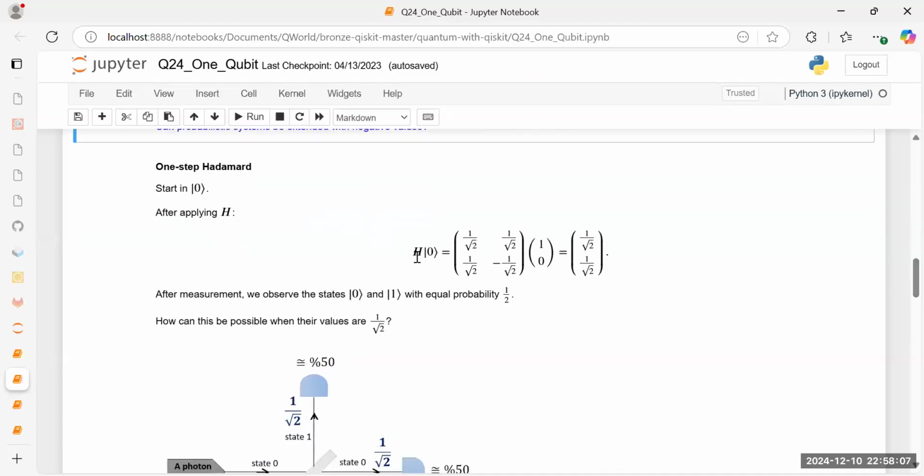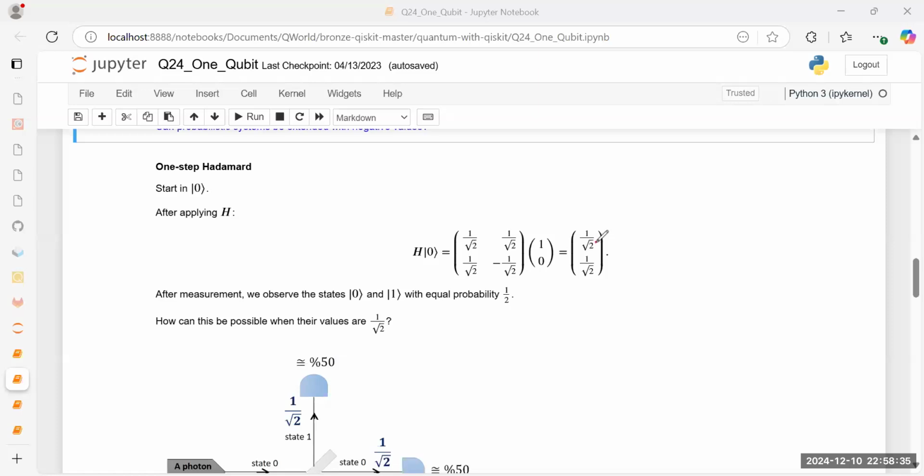Here we're applying the Hadamard operator to the 0 state. And when we do that, this is what we get. So here we have a quantum state, and it looks different from our probabilistic states because the entries here don't sum up to 1, as you can see.